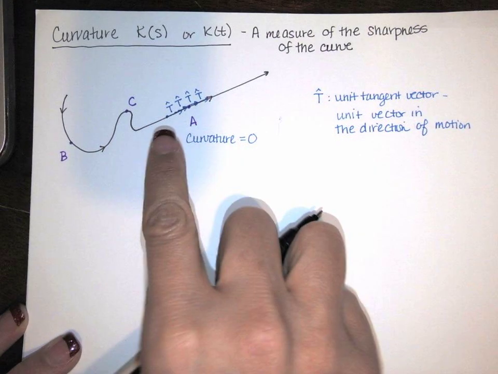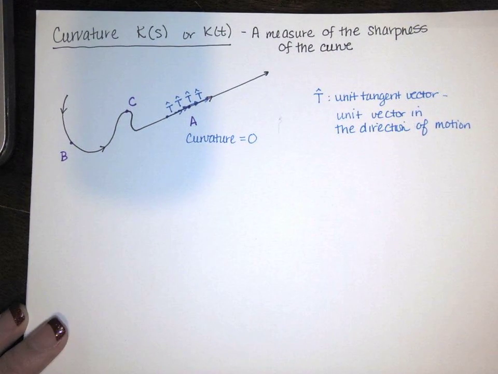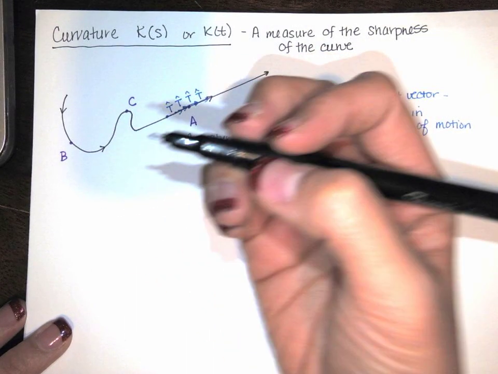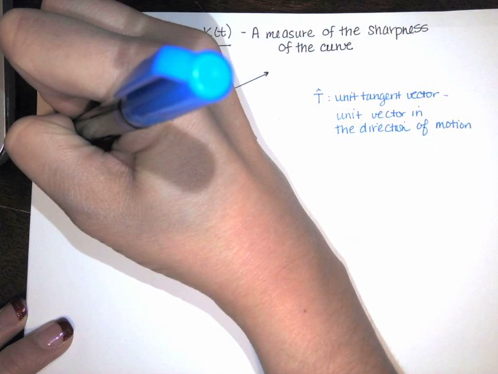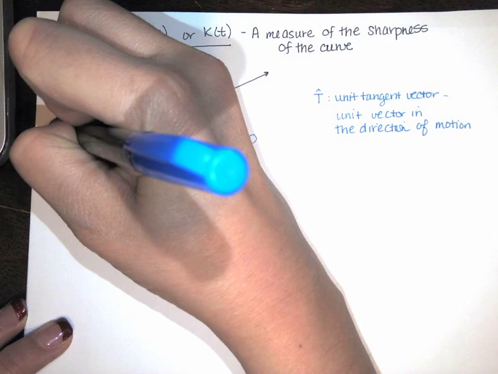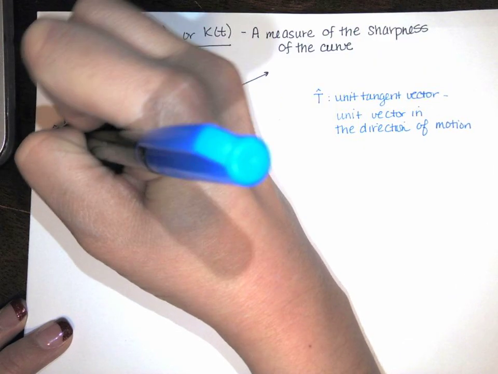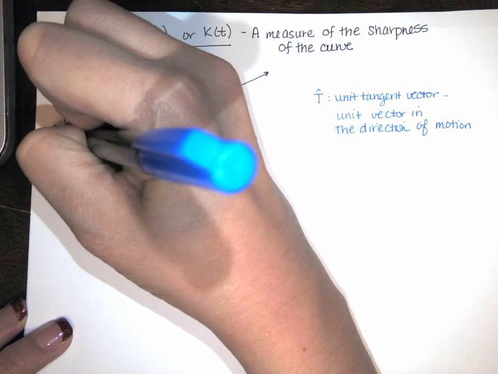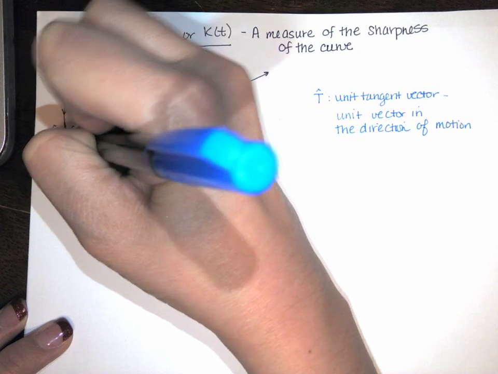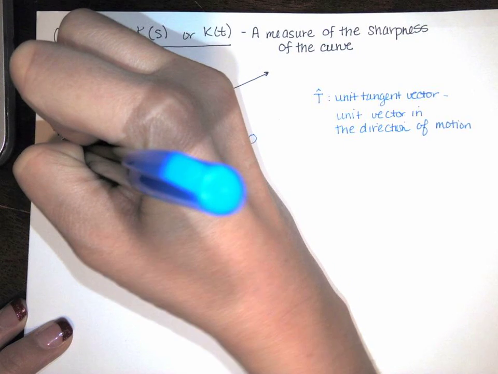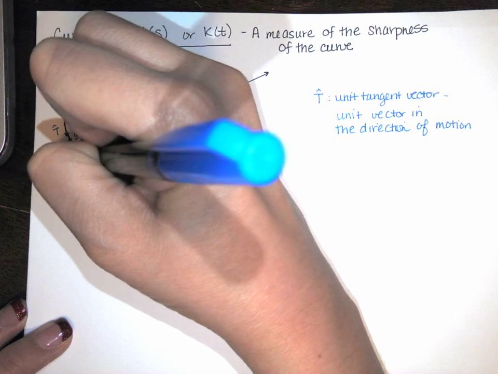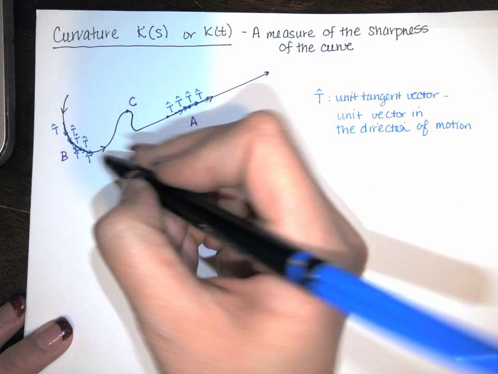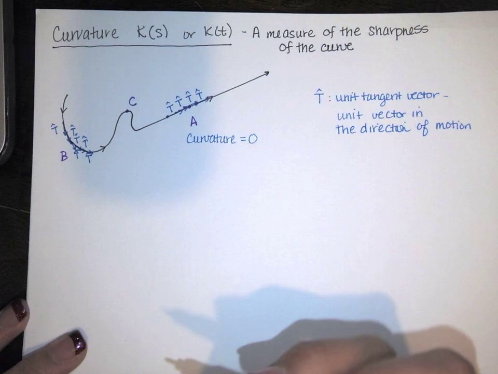Now if I want to compare the curvature at B and C, I can look at unit tangent vectors in the vicinity of both of those points. So here's a unit tangent vector near B, and there's the next one, and there's the next one. So those unit tangents are changing there.